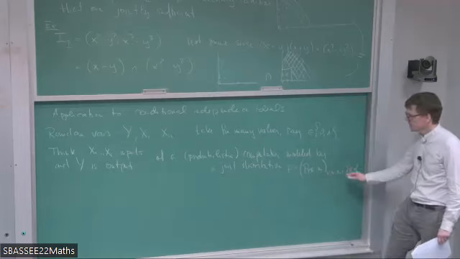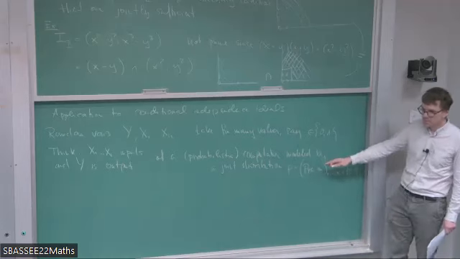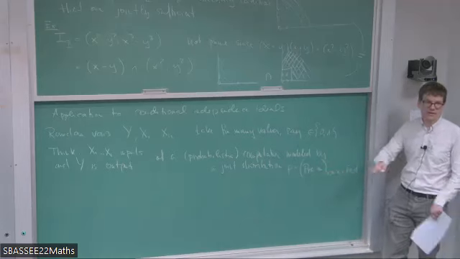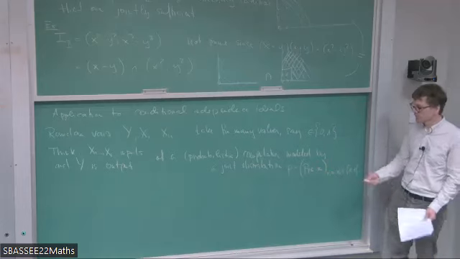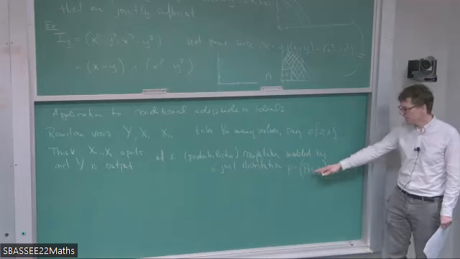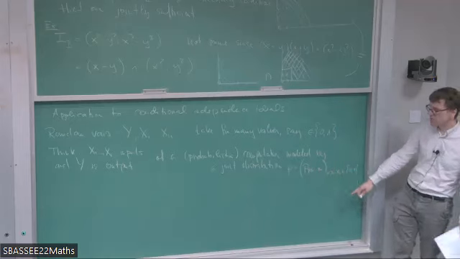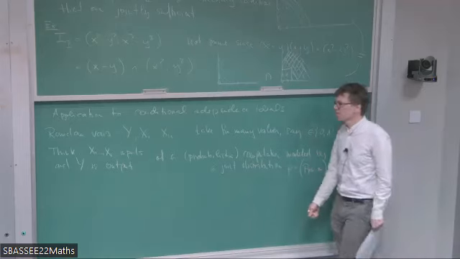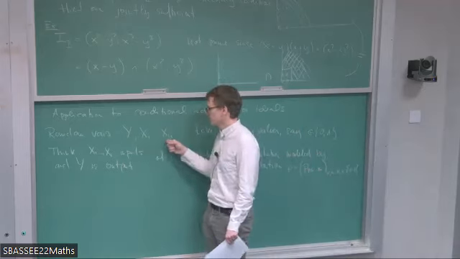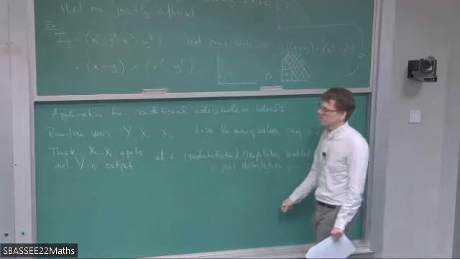So these are 2 to the n plus 1 numbers that should be non-negative, and if you take the sum over all of them, the result should be 1. And P 0, 0, 0, 0, 0 is just the probability that x1 is 0, xn is 0, and y is also 0.